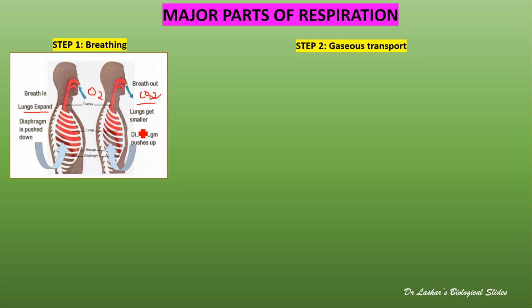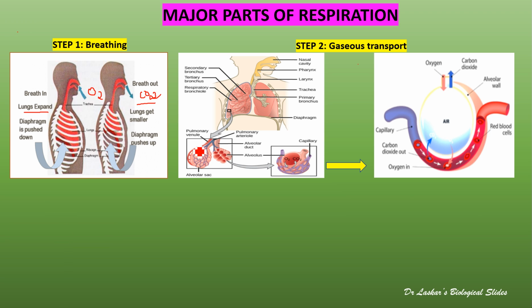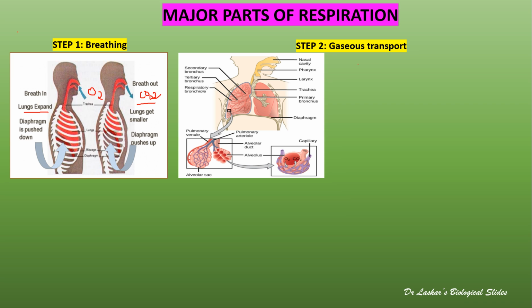Now the second step is known as gaseous transport. Gaseous transport indicates the transportation of oxygen and CO2. First, the oxygen which we inhale from the atmosphere enters through the nasal aperture, and it moves to the pharynx, then to the trachea, which is also called the windpipe, and then to the primary bronchus.